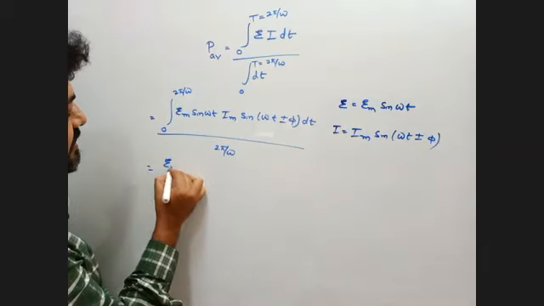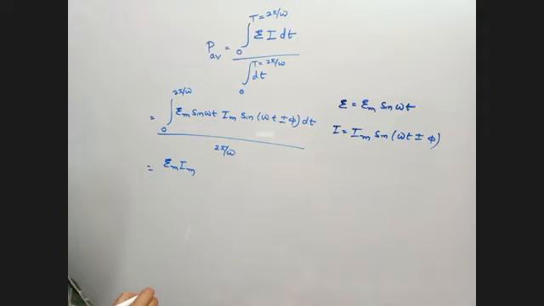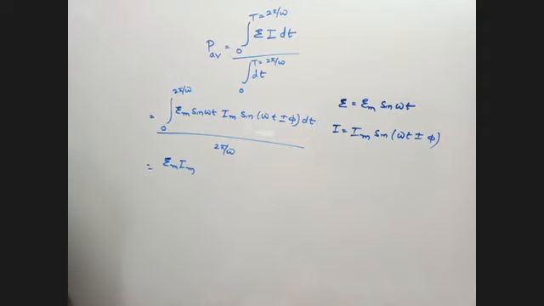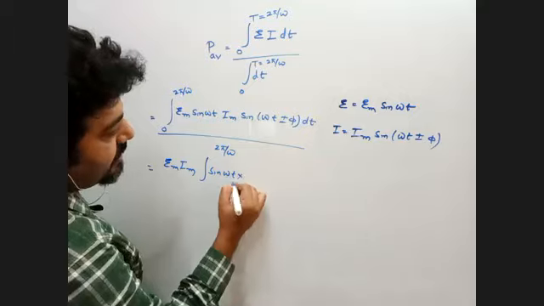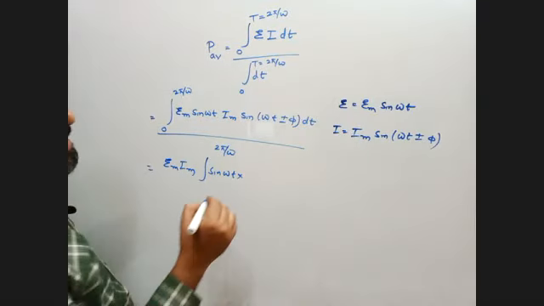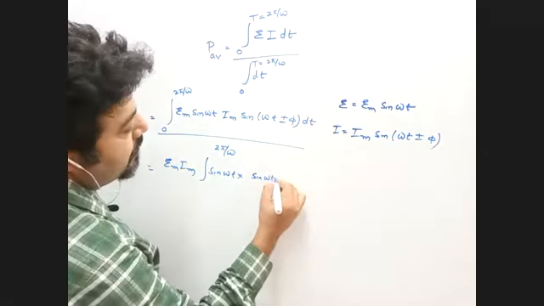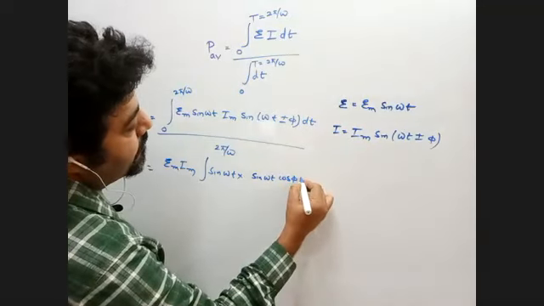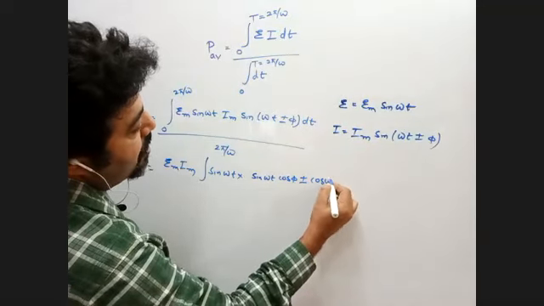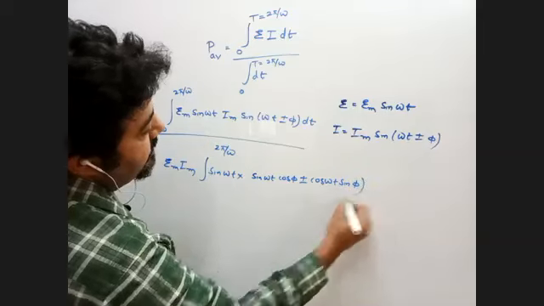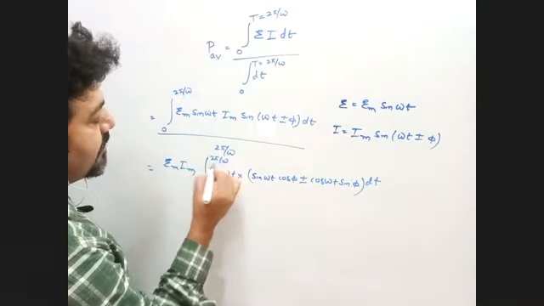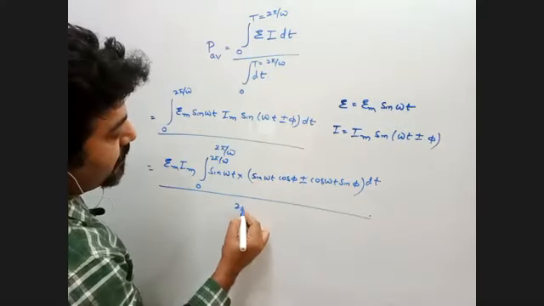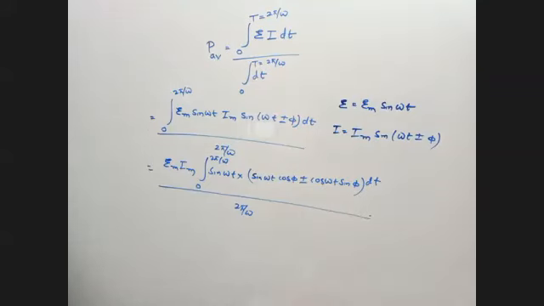Now from this we can move EM IM out, and we know sine omega t plus or minus phi expands as sine omega t cos phi plus or minus cos omega t sine phi, dt from 0 to 2 pi by omega, divided by 2 pi by omega. Is it okay? Everyone, is it okay?